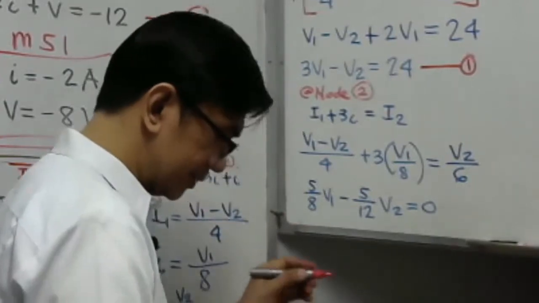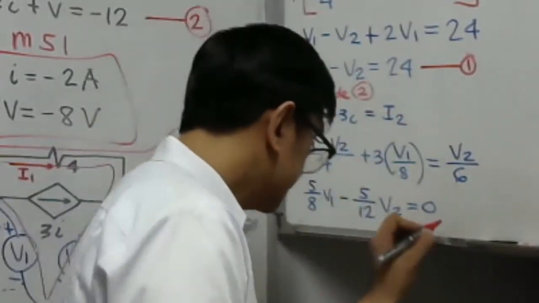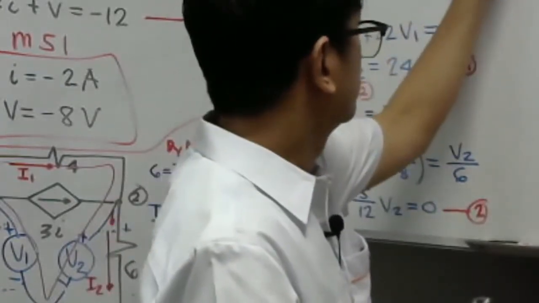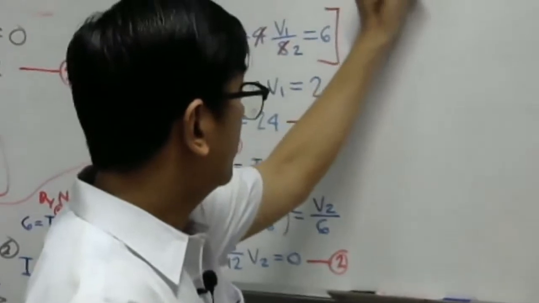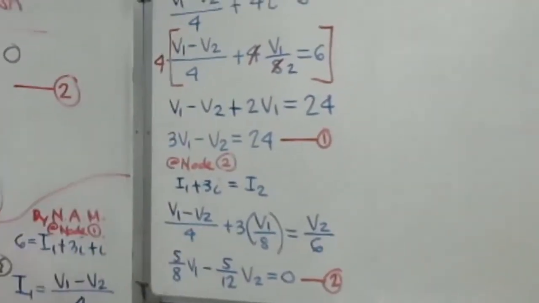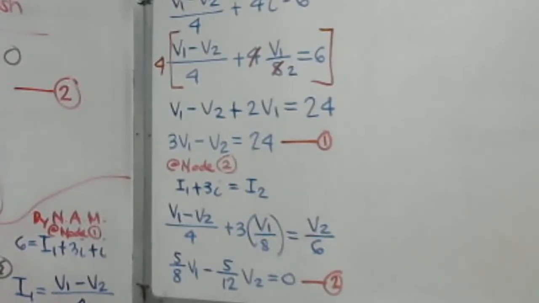So we can now solve this using our mode 5.1 in our calculator. Again, looking at equation 1 and 2, we have mode 5.1.